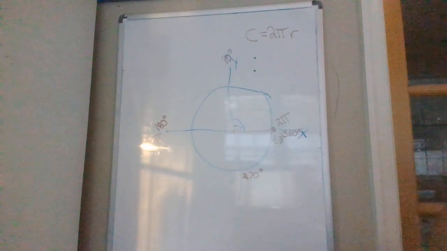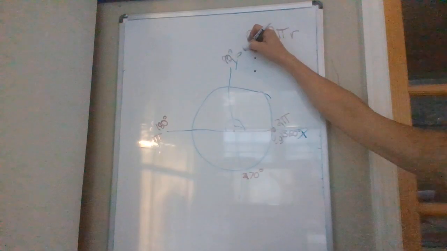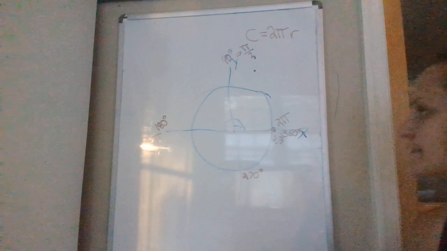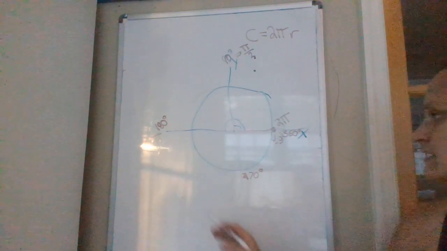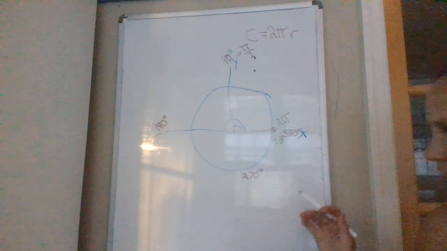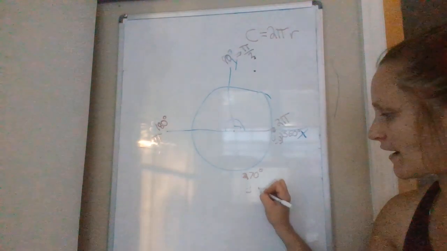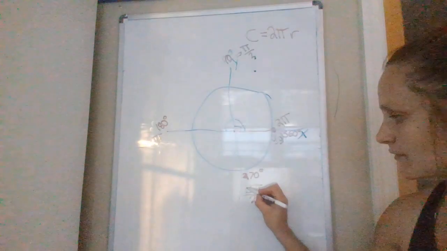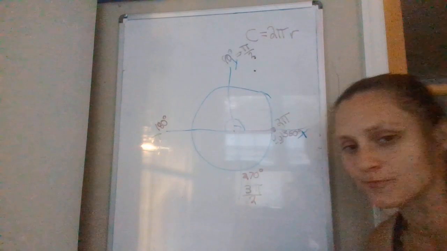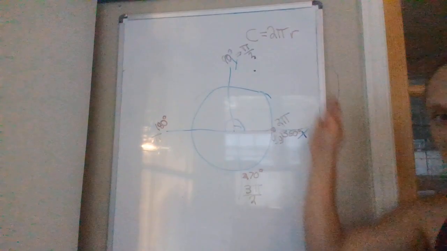If I cut it in half again up here at 90, this would be pi divided by 2. Down here, I'm 3/4 of the way around, and the way around is 2 pi, so I get 3 pi over 2. You're going to see in the curriculum that it breaks this down more and more.